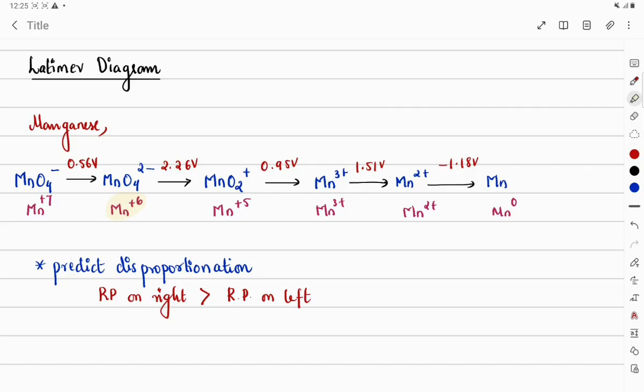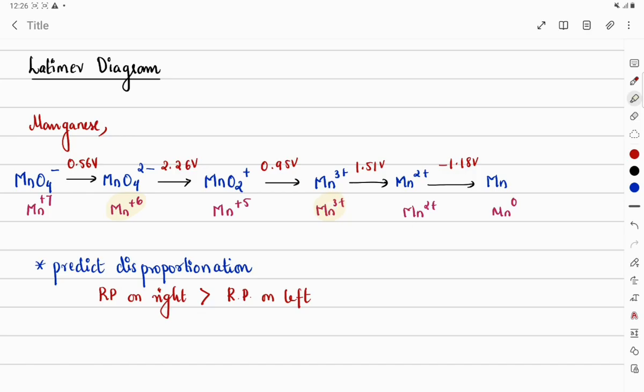Next, plus 5. On right we have 0.95, on left it is 2.26. So right is less than left, so disproportionation is not possible for Mn plus 5. Thirdly, Mn3 plus. On right we have 1.51 and on left we have 0.95. So right greater than left, therefore disproportionation is possible for Mn3 plus.